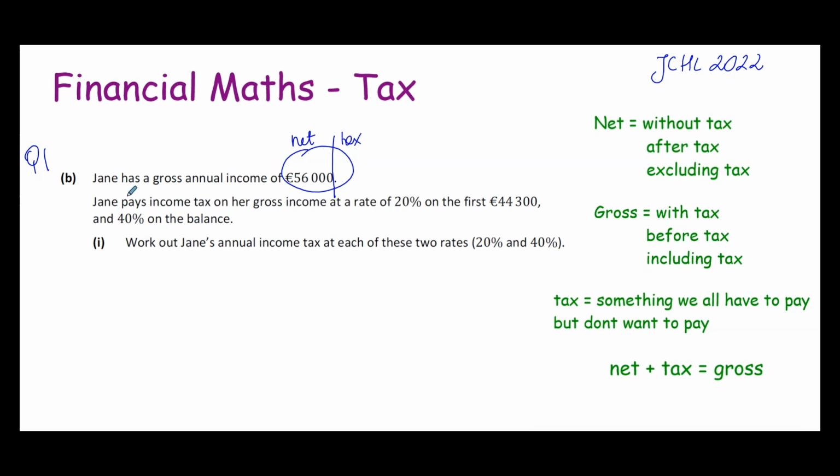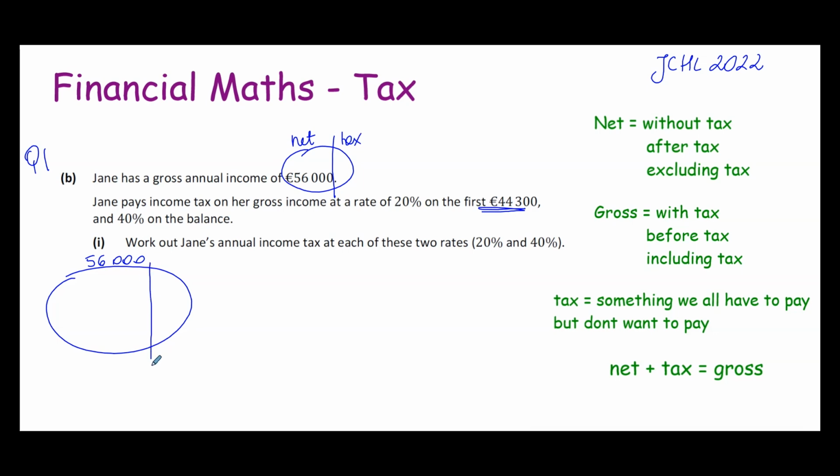Okay, so let's see. Jane pays income tax on her gross income at a rate of 20% on the first 44,300 and 40% on the balance. So what does that sentence mean? When I'm looking at all of her money, not all of it is taxed the same way. So that is 56,000. We divide that money, and this is where the division comes in.